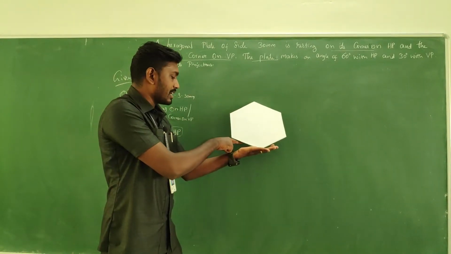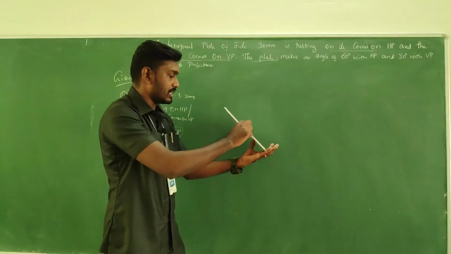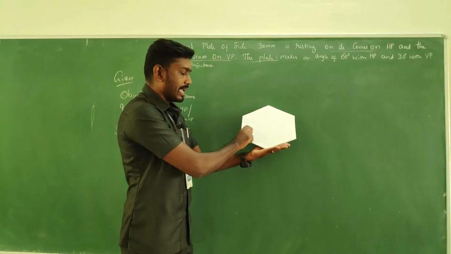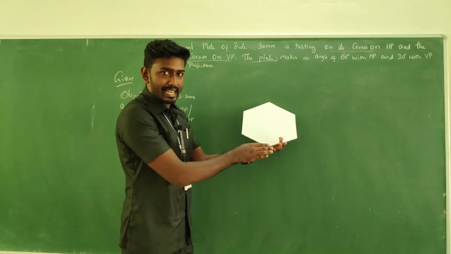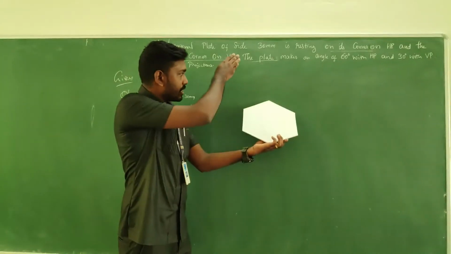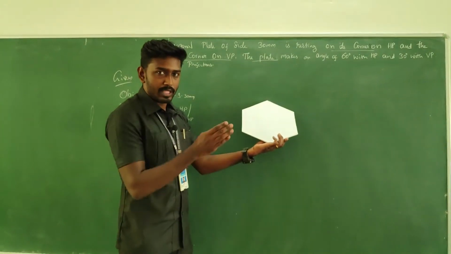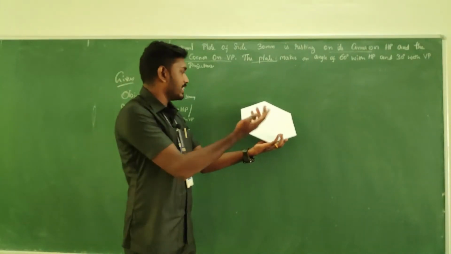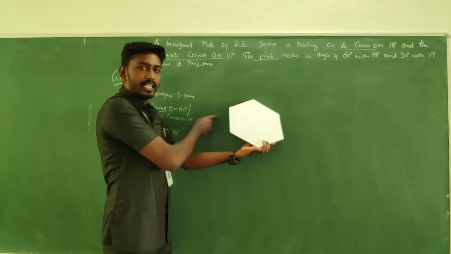So here the surface inclination I have taken as 60 degree. First I have taken the surface inclination as 60 degree to HP. So when you are keeping the object something like this, just like a ladder, naturally, since the vertical plane and horizontal plane are kept at 90 degree to each other, when you are keeping like this, naturally the second surface inclination of 30 degree will be obtained here.